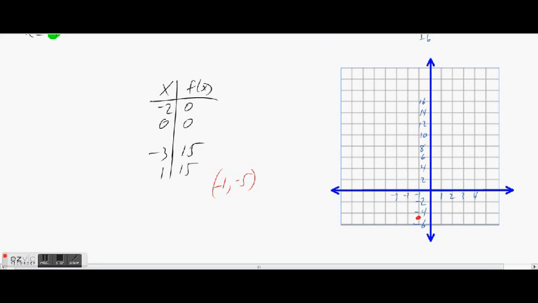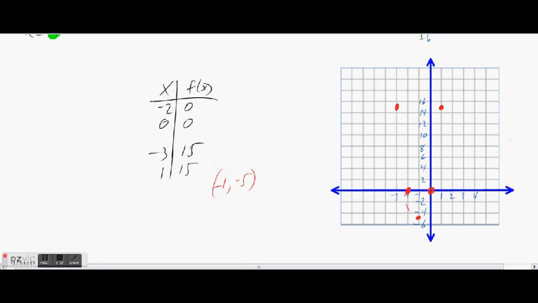It's right there. Now, negative 2 and 0, and then 0, 0. Now that I changed the scale of the y-axis to 2's, now I can get up to 15. And then 1 up to 15.